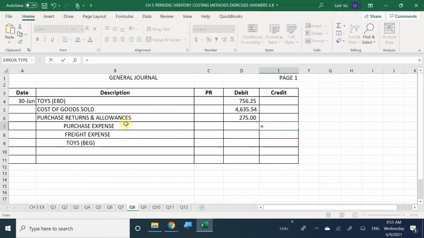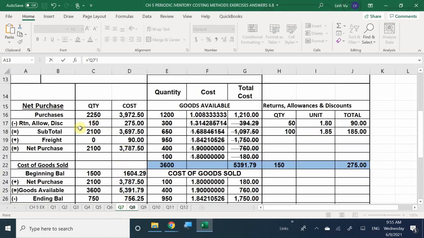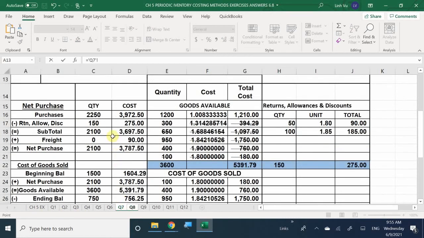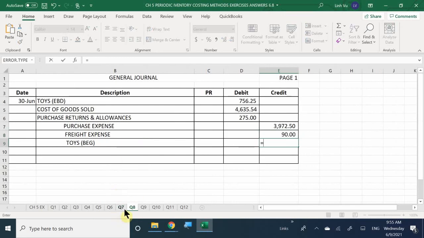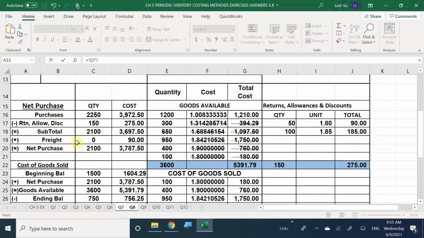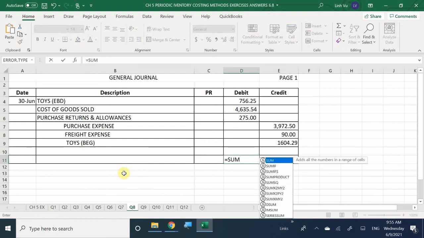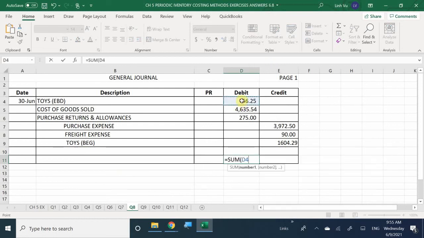And what was my total original purchase price? $3,972.50. Good. What was my total freight? $90. And last but not least, what was the total of my beginning balance? $1,604.29. Good.